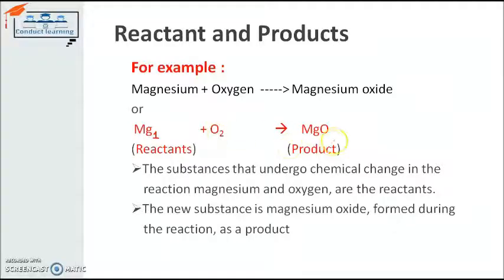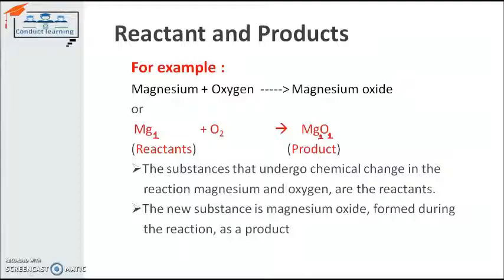But on the product side, in MgO, magnesium, being a single element, has nothing written at its foot, so we consider it as 1. Oxygen also has nothing written at its foot, so we consider it as one atom. That is how we count the number of atoms of a particular element on the reactant side and on the product side of the chemical equation.